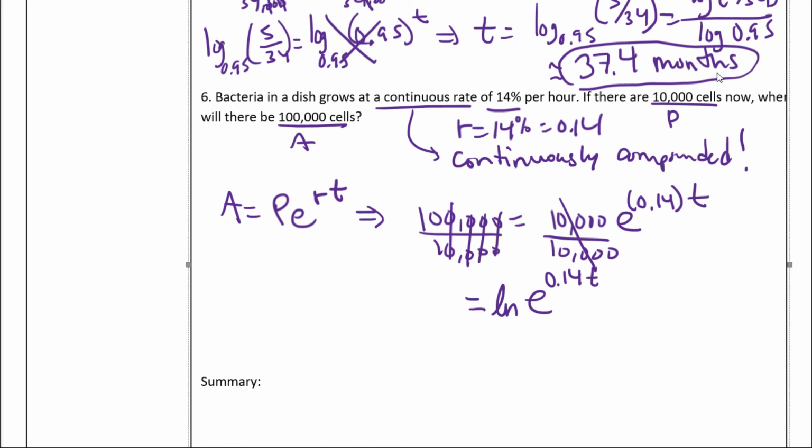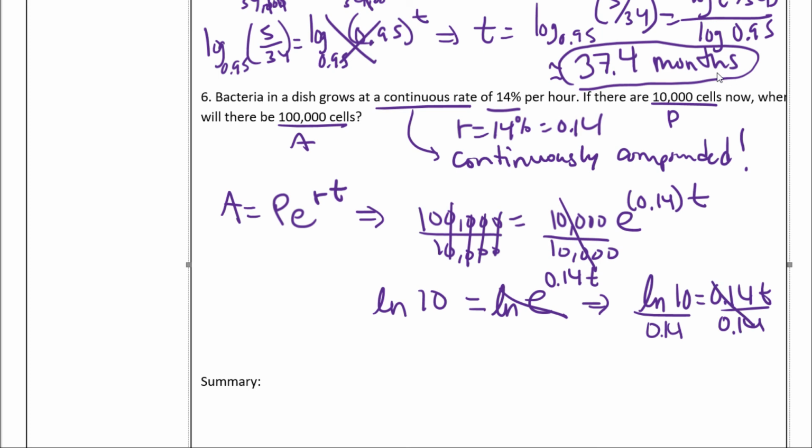So that cancels. Now we have ln of 10 equals 0.14 t, divided by 0.14 on both sides. So t is equal to that, and then we can get what that answer is.